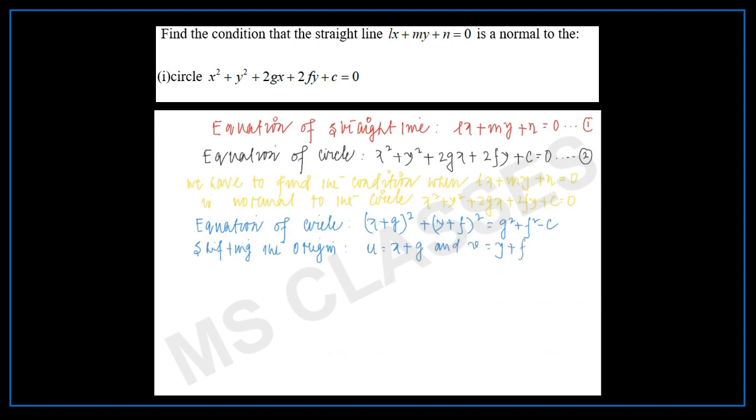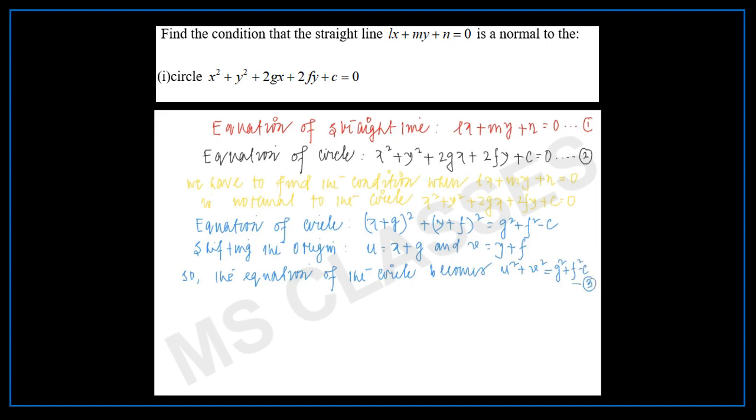So the equation of circle reduces to u² + v² = g² + f² − c. Now this we mark as equation 3.